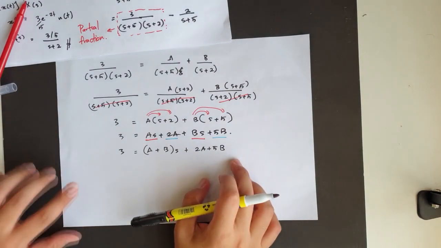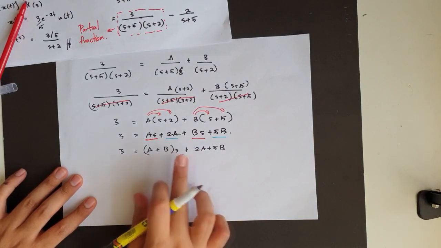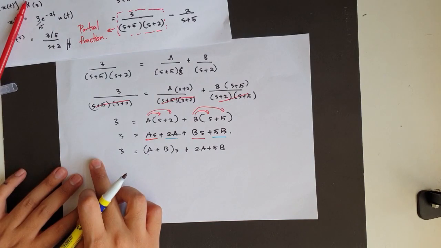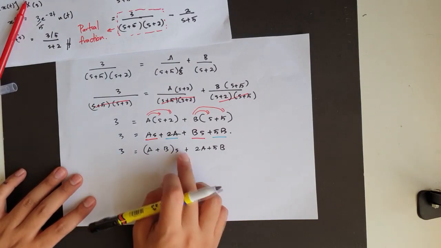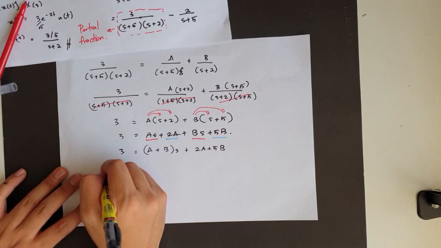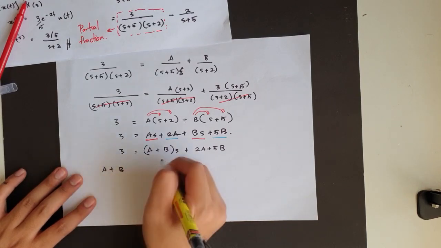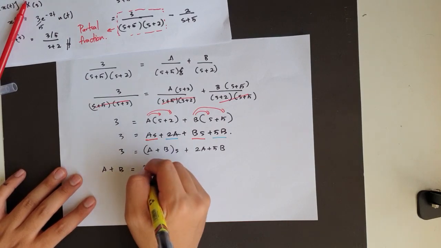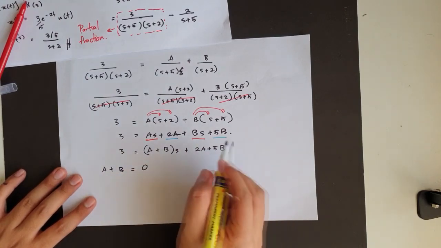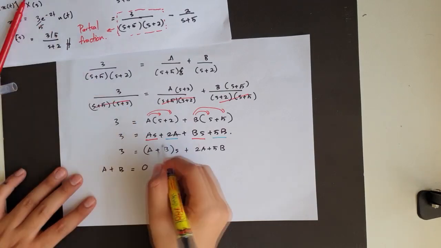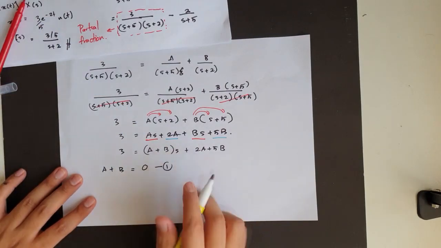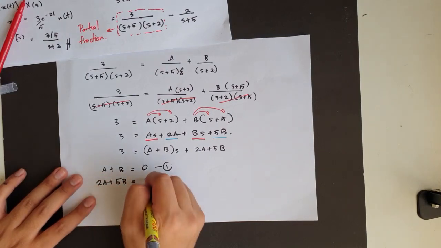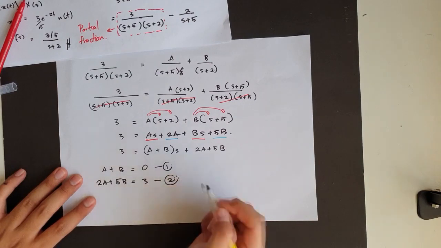For this condition, we look back here. For the right side we have no s, and for the left side we have s. So A plus B is equal to 0, this is number 1, and 2A plus 5B is equal to 3 is number 2.